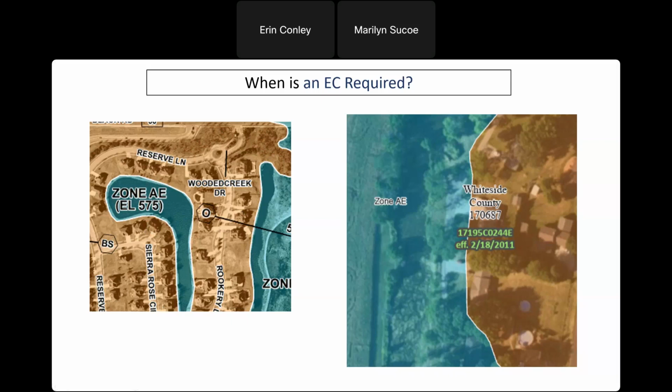The second image is in Whiteside County, and there I think it's clear that every home along the blue floodplain limits of the zone AE is very close, and elevation certificates should be required if building homes that close. The home farthest to the right would be one that you would not typically require an elevation certificate for.